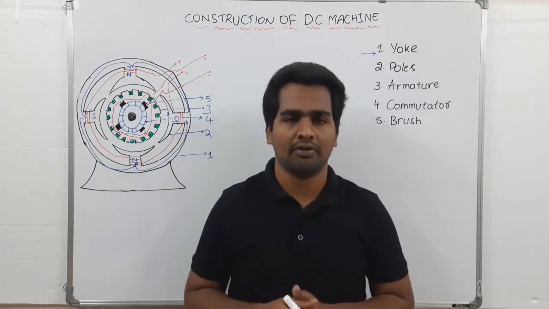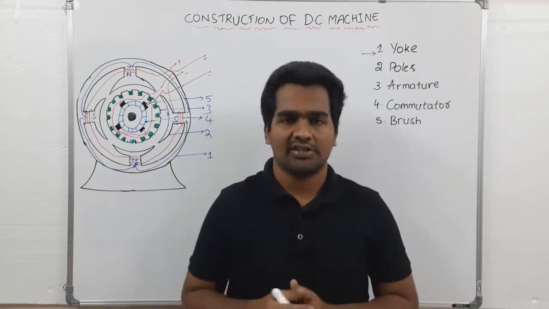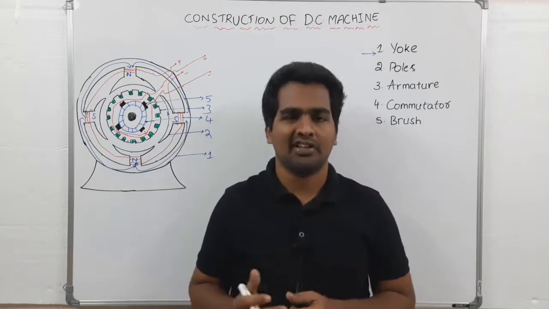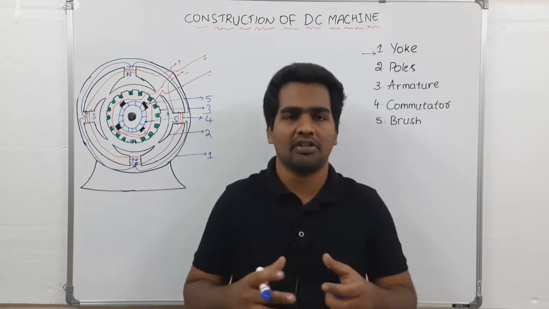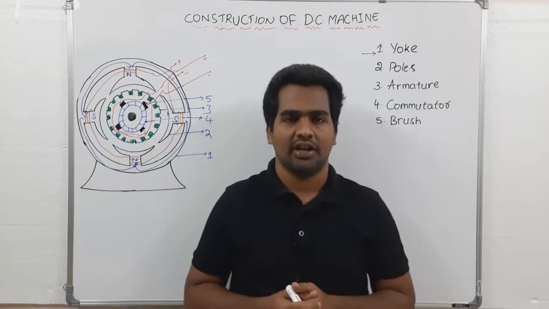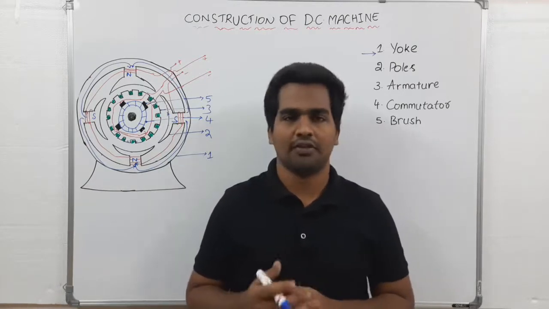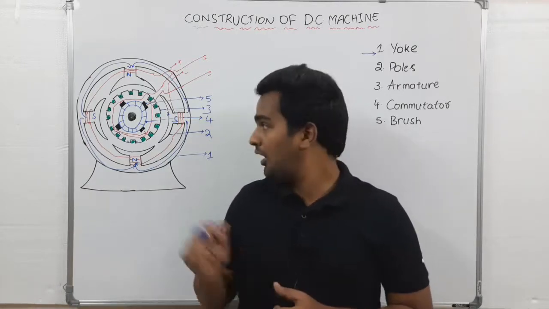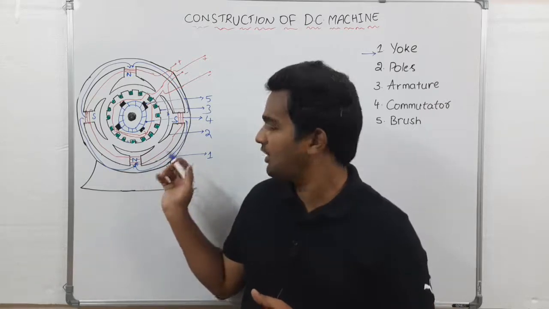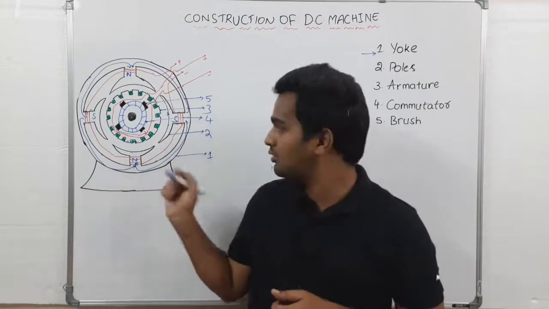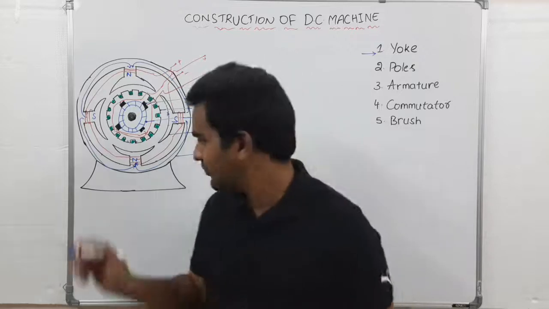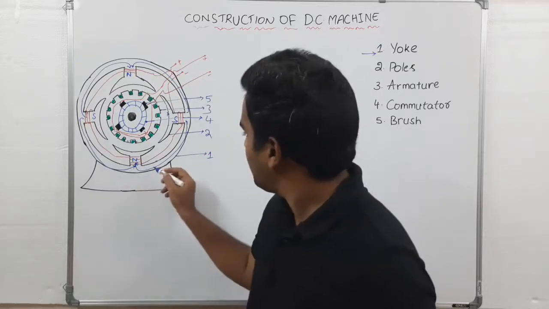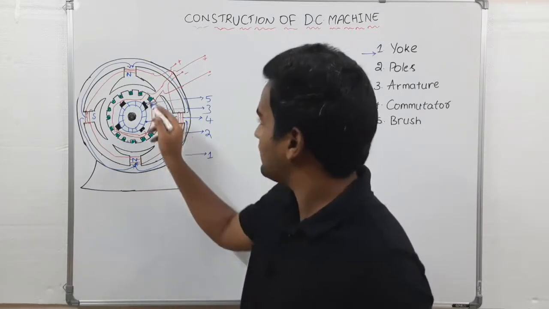It is made up of cast steel and it protects the remaining parts of the DC machine. And there is one more function of yoke. The main function of yoke is to provide a return path to magnetic flux lines.